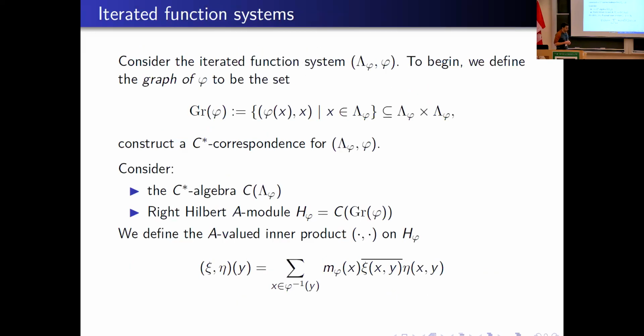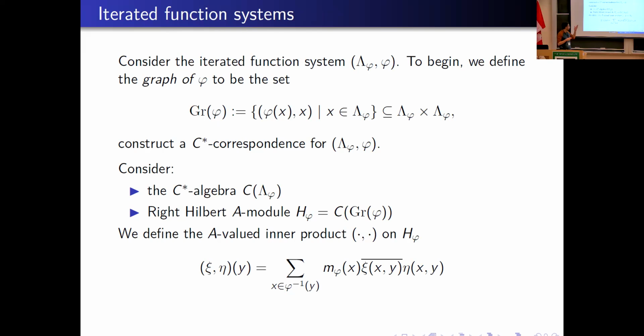But another way of attacking the problem is to look at something called iterated function systems. So you fix a rational map, and you fix a set that is invariant under this rational map, and you define the graph of this map. You can construct something called a C-star correspondence.